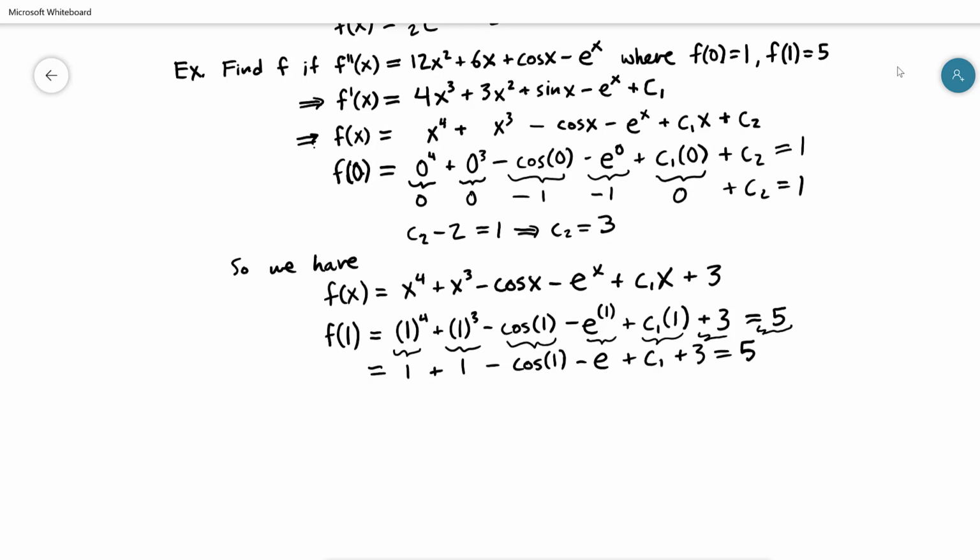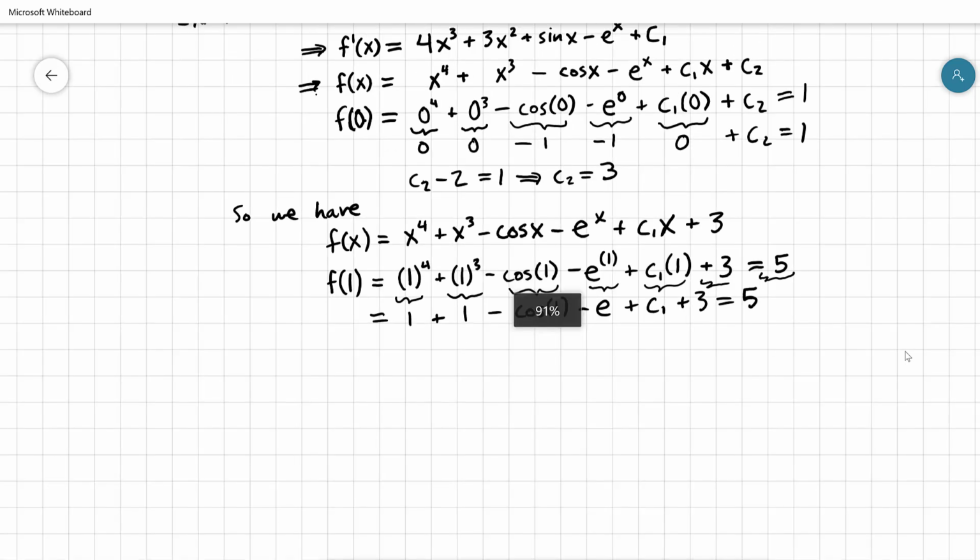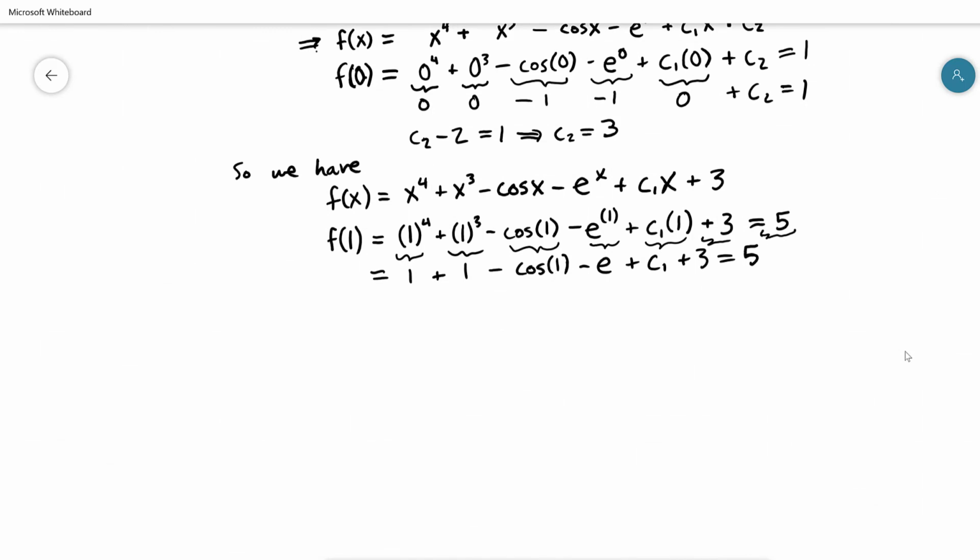I've got a 1 plus a 1 plus a 3, that adds up to 5, which I can cancel with the 5 on this side. So what we get out of this is negative cosine of 1 minus e plus c1 equals 0, having canceled those 5s.